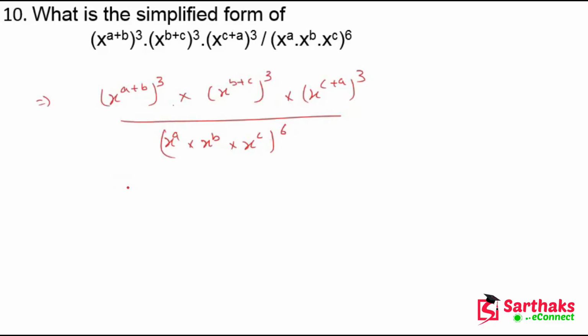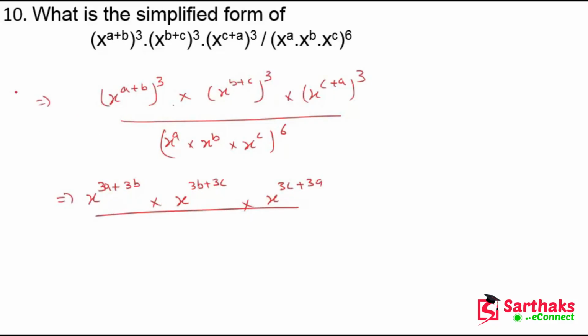Understand? So now my dear friends, we can multiply: a plus b into 3 becomes 3a plus 3b, into x raised to power 3b plus 3c, into x raised to power 3c plus 3a.